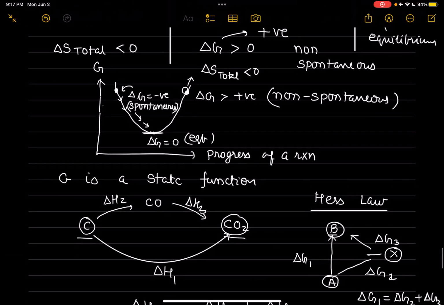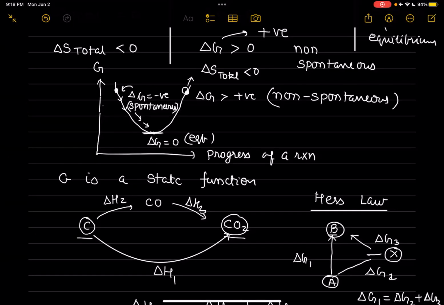This is the graph for the Gibbs free energy. If the Gibbs free energy keeps on coming down, down, down, the reaction will happen in the forward direction. This is the graphical representation. Actually, you will be provided with the Gibbs free energy values, so you can calculate that.